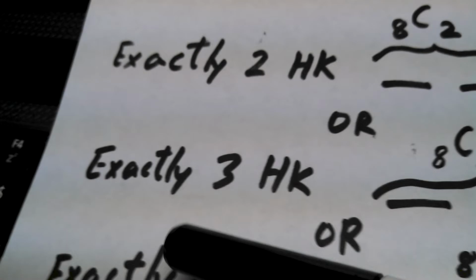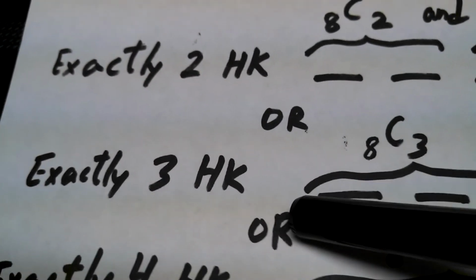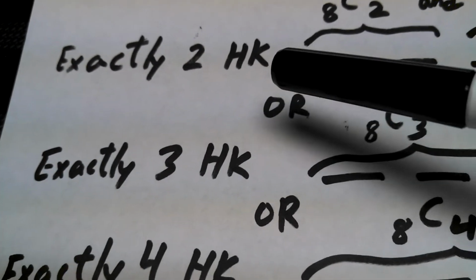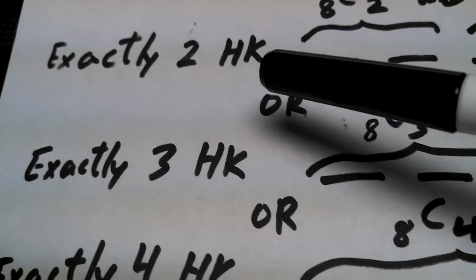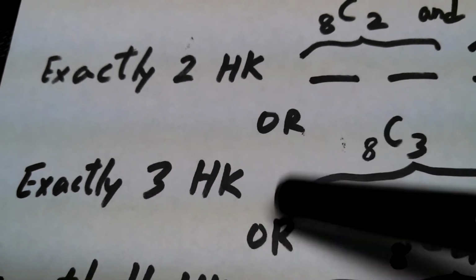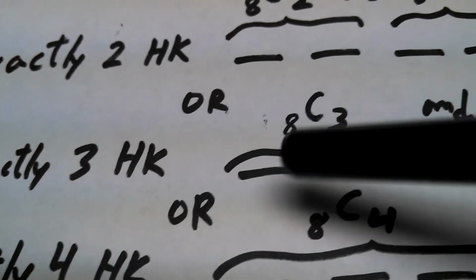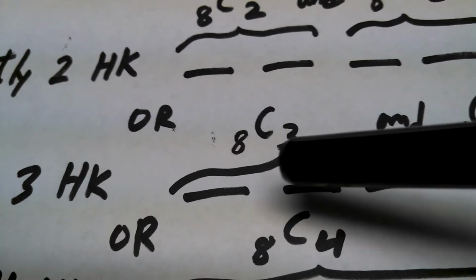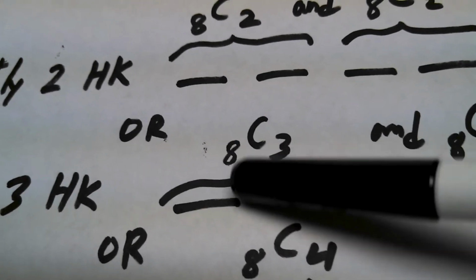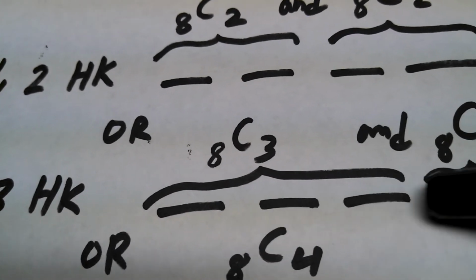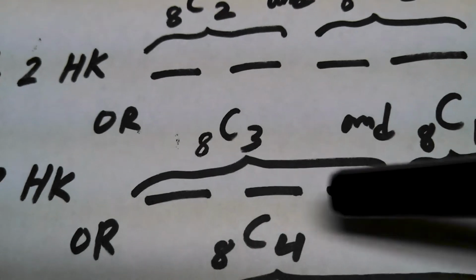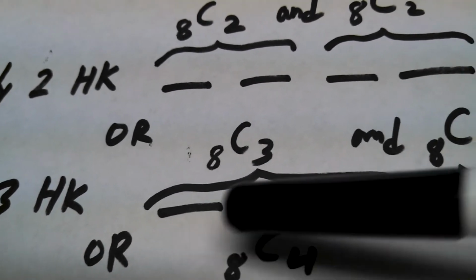Next, exactly 3 housekeepers on the committee, because when you say at least 2, that means you can have exactly 2, exactly 3, or exactly 4. For exactly 3 housekeepers, we would have the number of combinations of 8 things taken 3 at a time for the first 3 slots, which deals with the housekeepers.